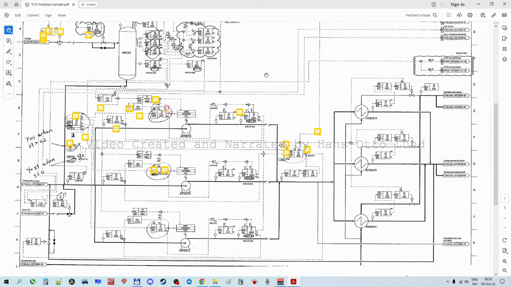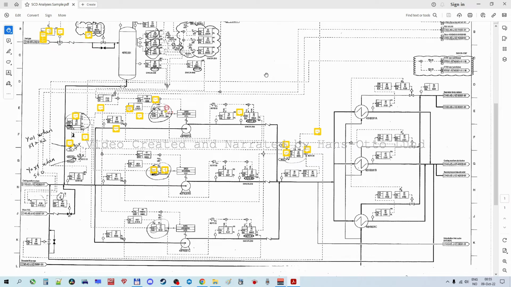There are many parts of the installation which need cooling, and this system is part of that.